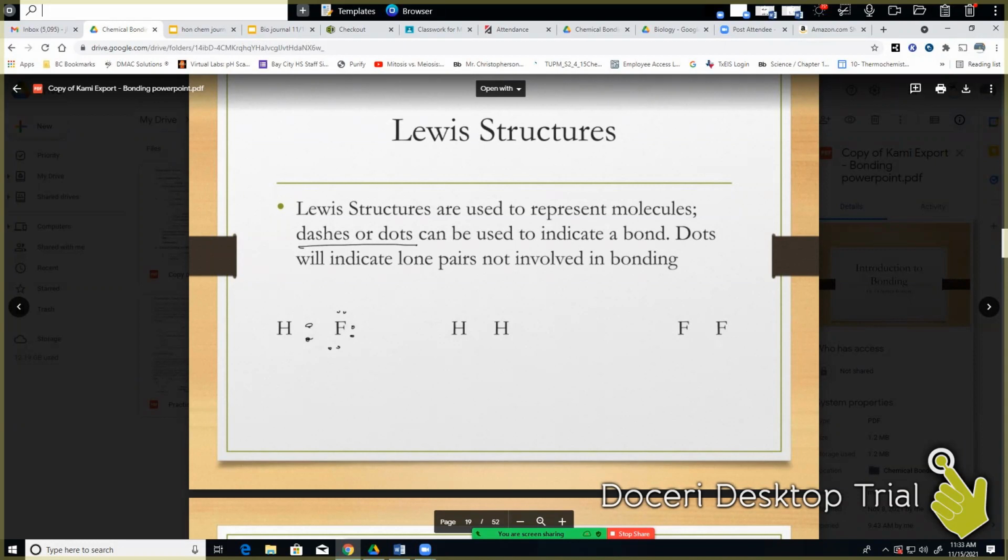Here, each hydrogen has 1 electron, so they will share that in a bond. Remember, if a line is drawn, it's still made up of 2 electrons. And then fluorine will have a single bond, and then each one still has 3 lone pairs that they keep to themselves.